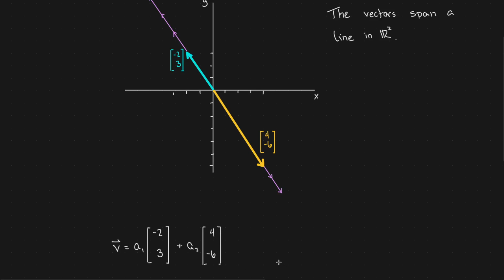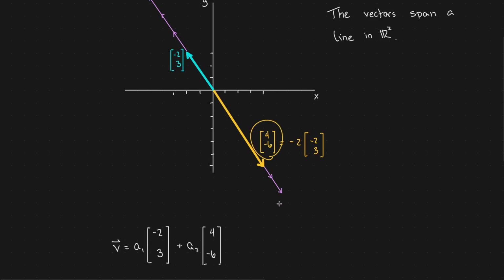But we notice something interesting. Because our first vector and our second vector lie on the same line, they're pointing the same direction, or I guess opposite directions in this case, they are scalar multiples of each other. Specifically, 4, negative 6 is negative 2 times negative 2, 3.